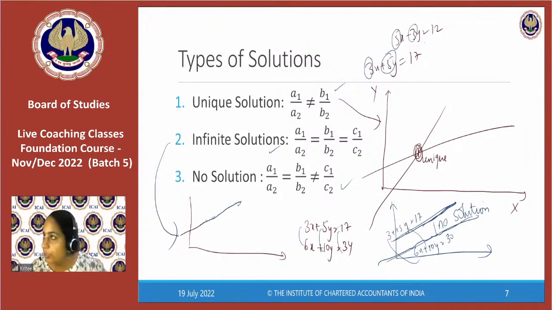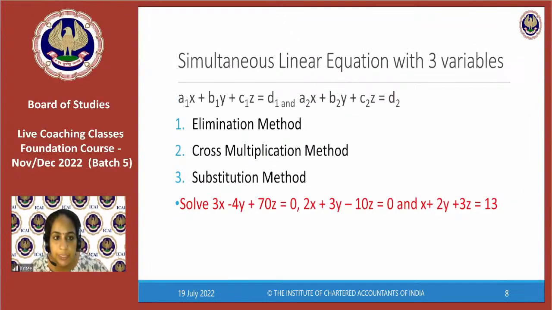So I'll move now to the third part, that is simultaneous linear equations with 3 variables. Rather than talking about 2 variables, we will be talking about 3 variables. Again, in all 3 variables you have all the 3 methods. You can use elimination, cross multiplication, or substitution.